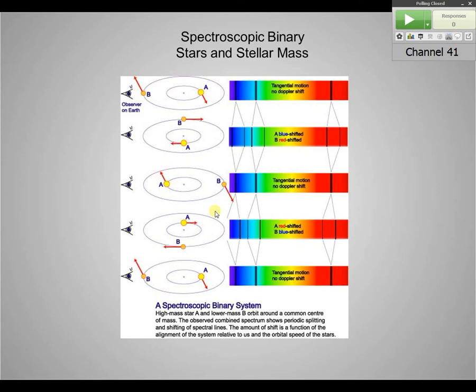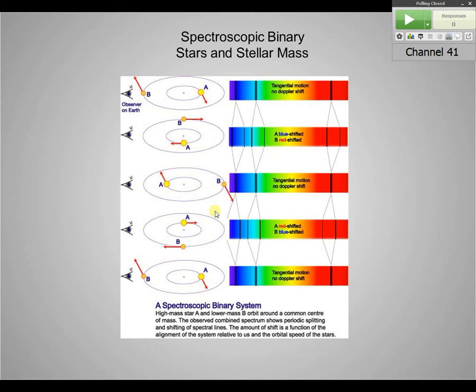And because this cycle keeps repeating, that indicates there is some sort of predictable orbit of two stars orbiting a center of mass. From that, we can indirectly deduce that we're looking at a binary star system instead of one star, even though we can't visually separate them and see the two stars.